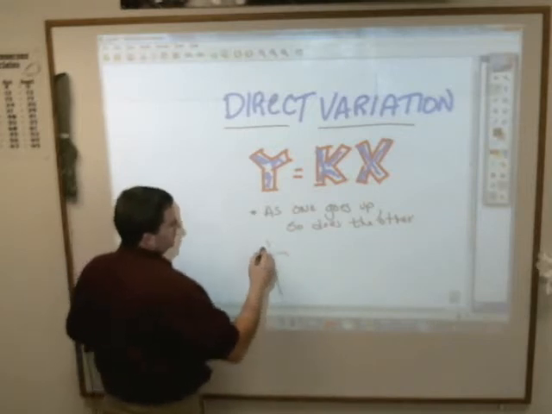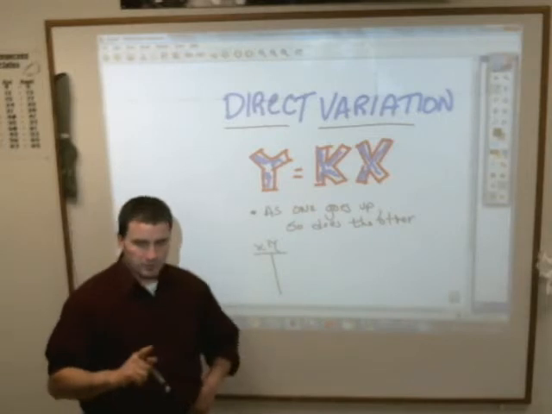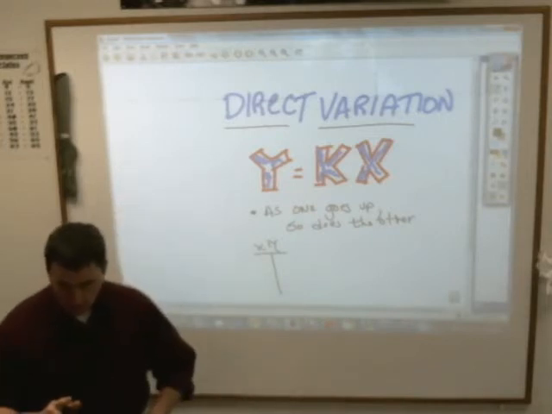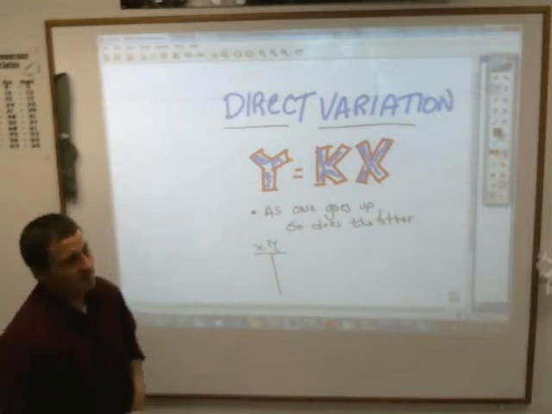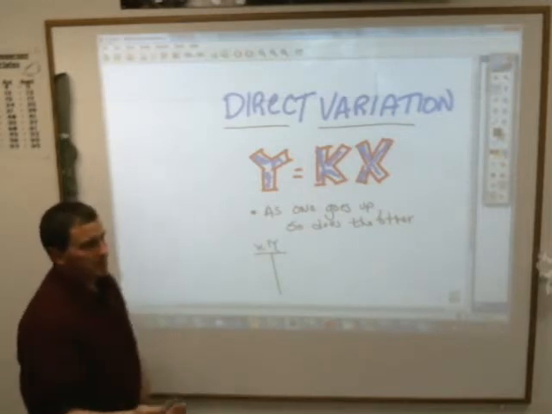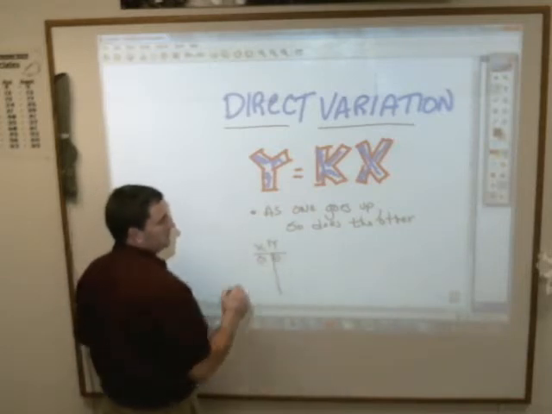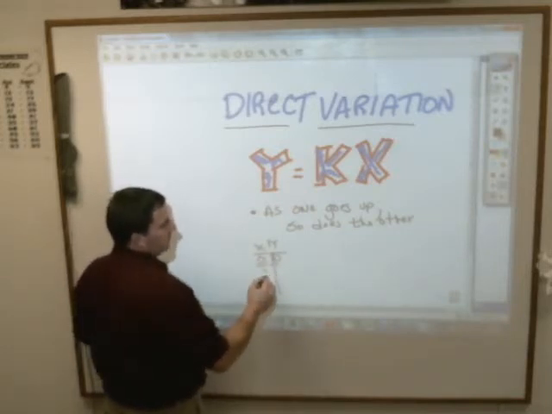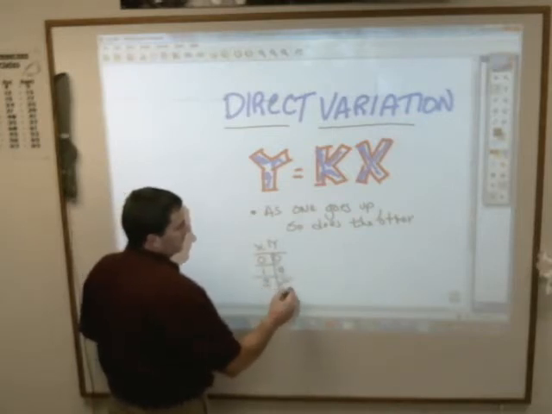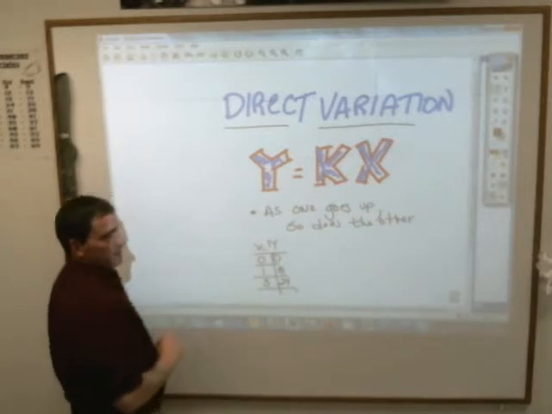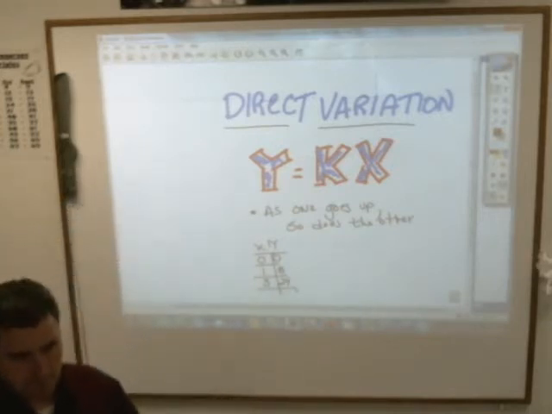A job is a pretty good example of direct variation because the more hours you work, the more you get paid. For example, if you have a job that pays $8 an hour, if you work 0 hours, you get paid $0. If you work 1 hour, you get $8. If you work 3 hours, you get $24, and so on. That is direct variation. Okay?